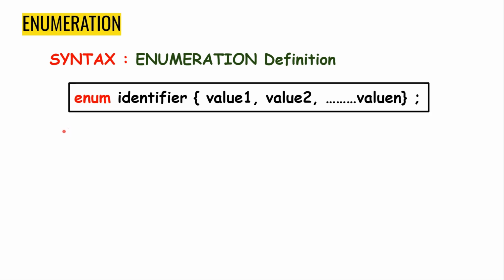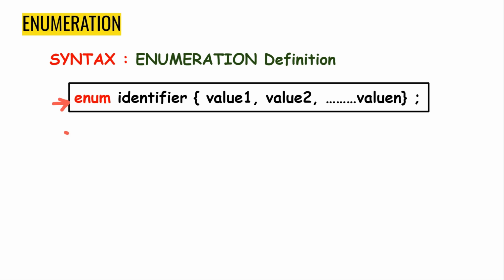Here, for example, this is the syntax for enumeration definition: enum, identifier, and the set of values enclosed within the braces. This identifier will create the new user-defined enumerated data type. By using this identifier, we can create a variable that can have one of the values enclosed within the braces.